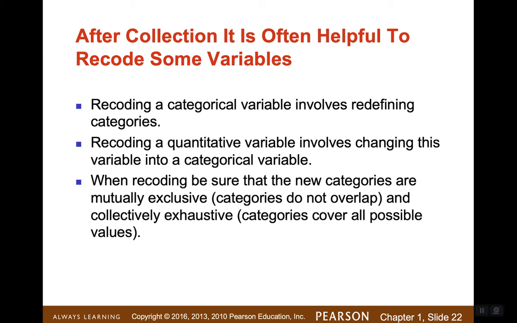Sometimes, after we collect data, we look at the variable and ask, is that categorical or is that numeric? Some things are clearly one or the other, but some can be one way or the other. Take age as an example.